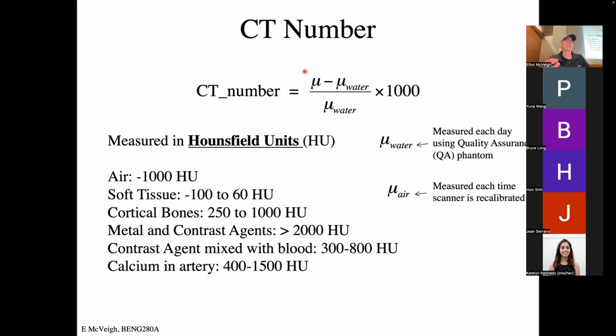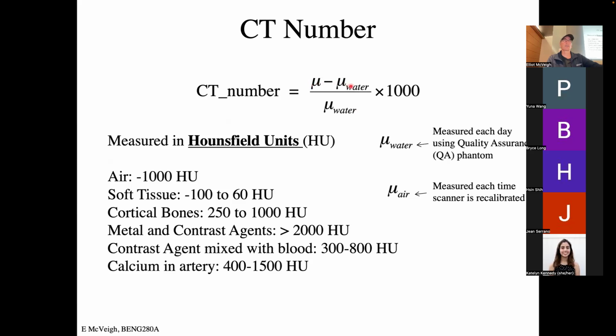So they scaled everything nicely such that what you do is you measure the mu value of water in your scanner that morning. Remember, we measured air. You then put a phantom and measure the mu value of water in your scanner, which is kind of messy. But anyway, as you do that, you know this value, and now you have the mu value that you have basically reconstructed at a position.